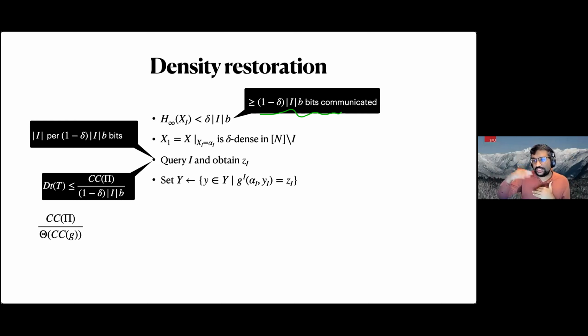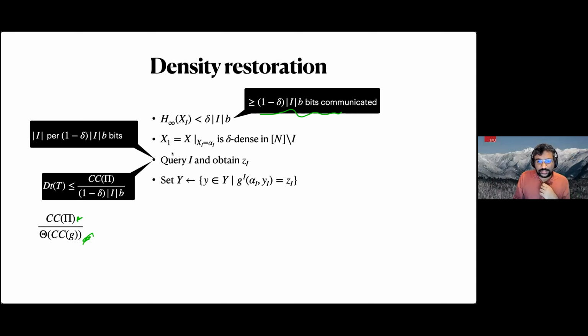Remember that the simulation algorithm, the decision tree that we are building, should have query complexity equal to the communication complexity of pi divided by the communication complexity of G, right? So we need to control the query complexity somehow.